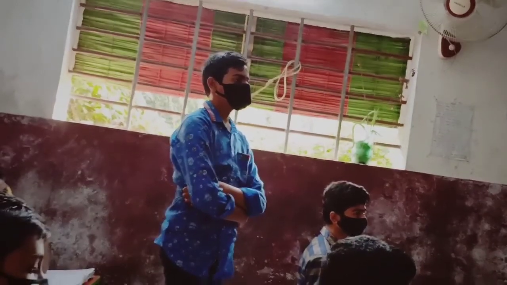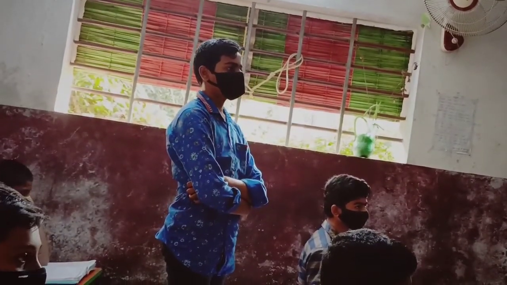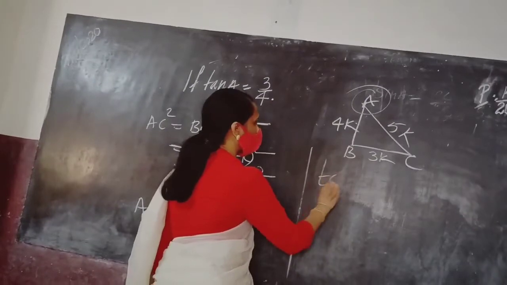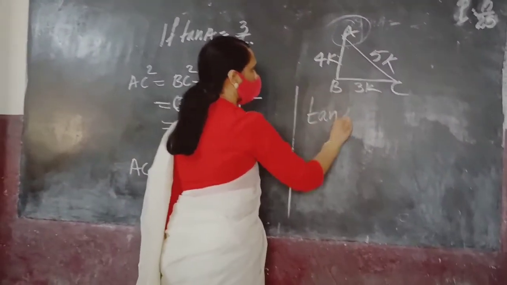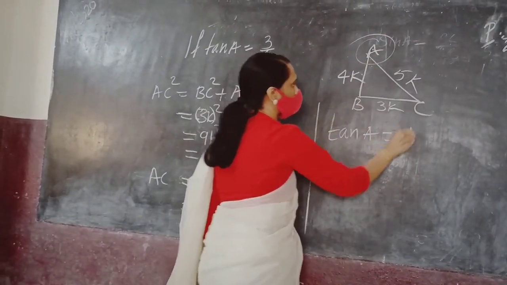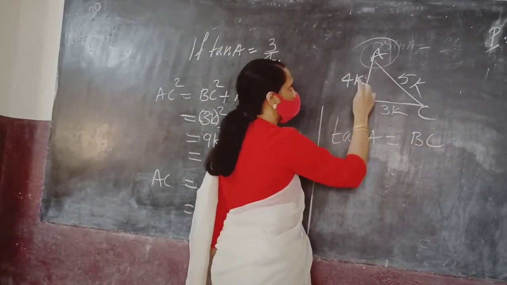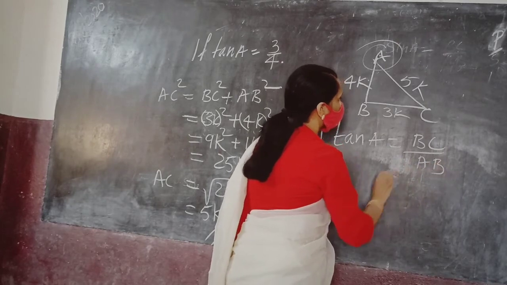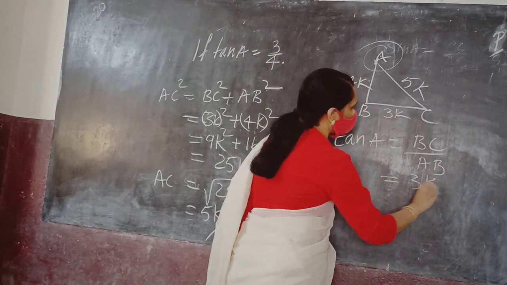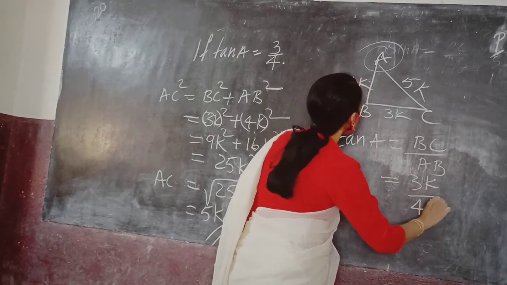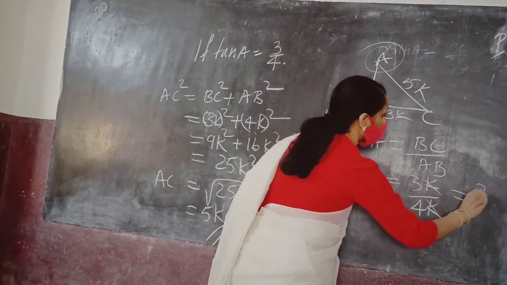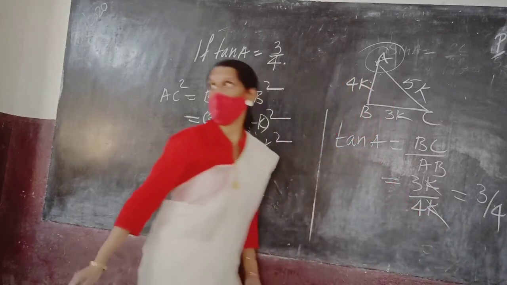What's the final answer? 3 by 4, as K and K are cancelled. Like that you can find everything.